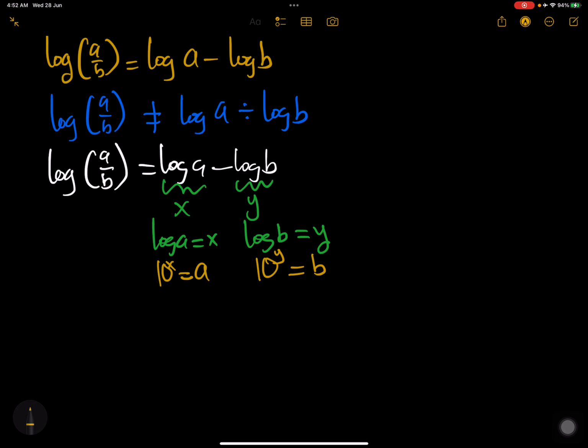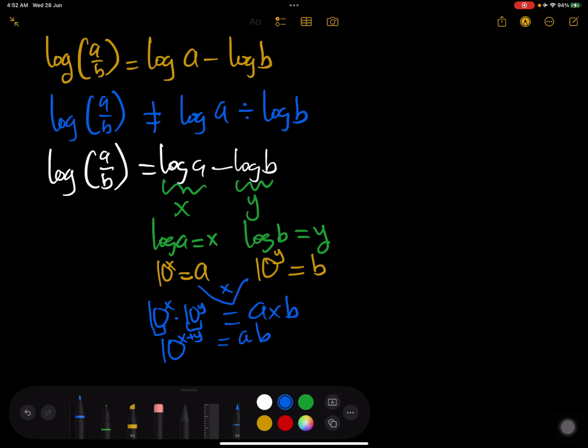Then we multiply the two. We have 10 to the power x times 10 to the power y is equal to A times B. Because the bases are the same, we add the powers, so 10 to the power x plus y is equal to AB.